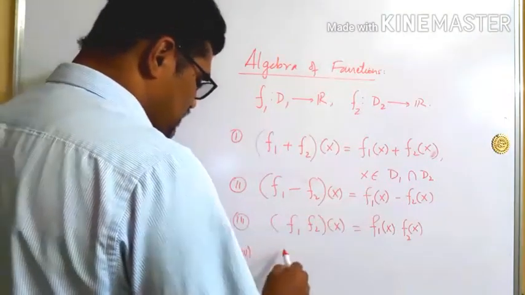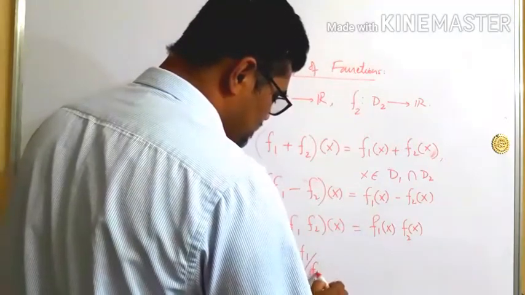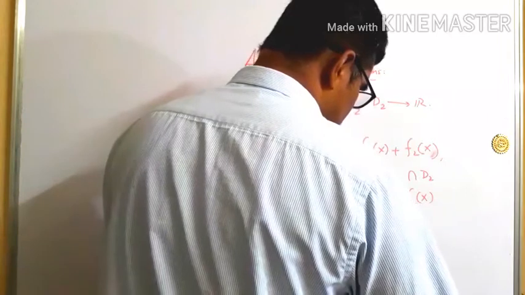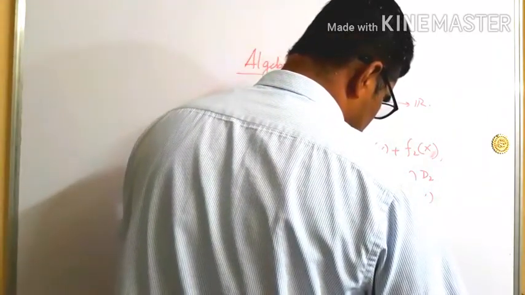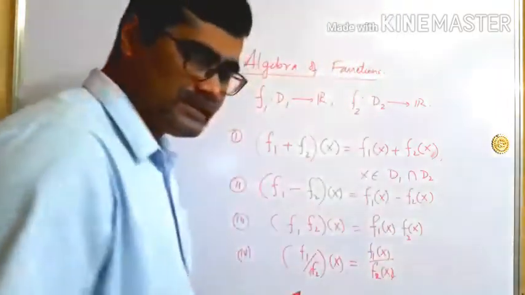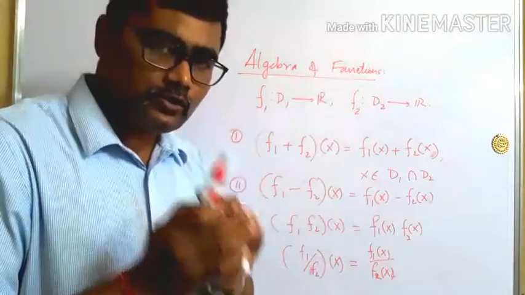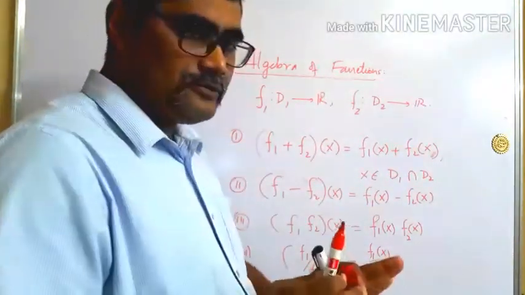Then if I do it for F1 by F2, that is the quotient of functions, I can still get this, but here there is a small exception. I have to exclude all those values of x for which F2(x) is 0.